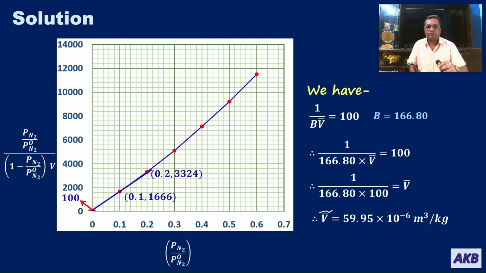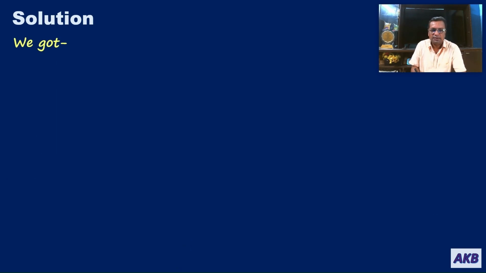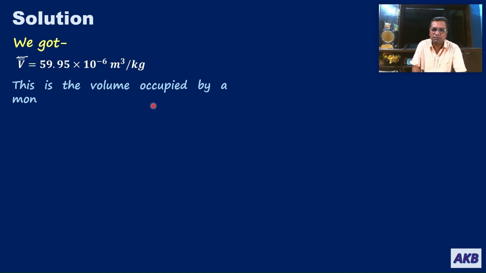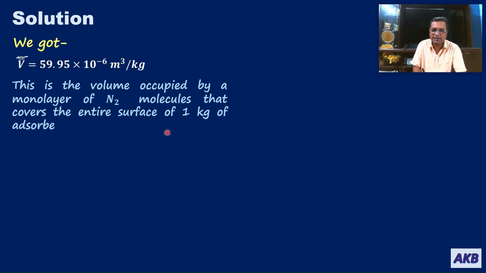And now we are going to use this value of V bar to get the surface area of the adsorbent. So let us move on. So we got V bar as 59.95 into 10 to the power minus 6 meter cube per kg. So this is nothing but the volume occupied by a monolayer of N2 molecules that covers the entire surface of 1 kg of adsorbent pellet.